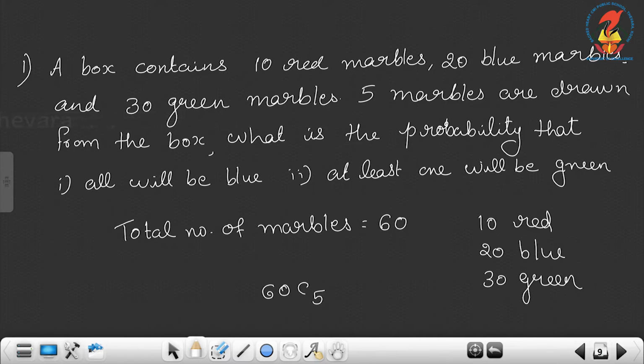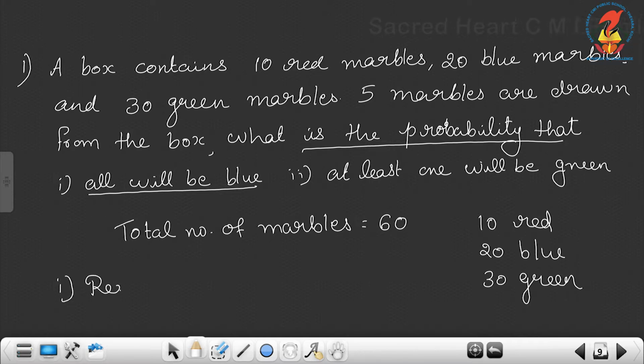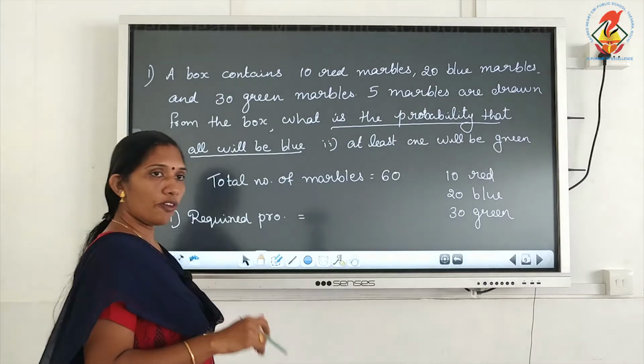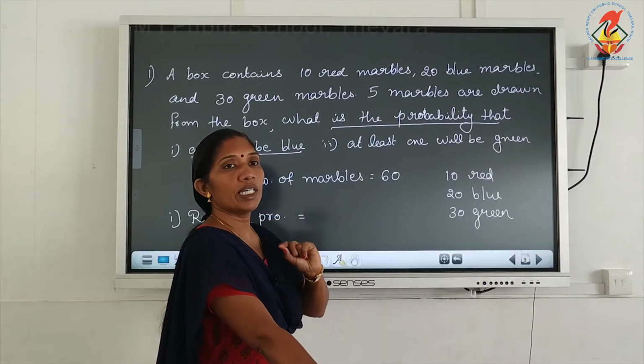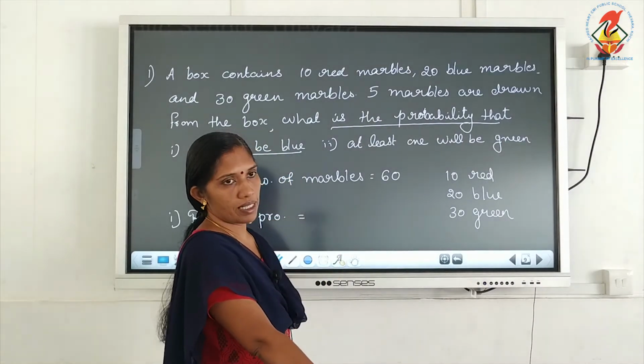Then what is the numerator part? What is the probability that all will be blue? So, the first case, the required probability: the numerator is the number of favorable outcomes, which means we have to take 5 blue marbles.